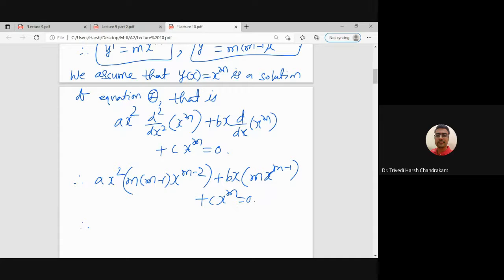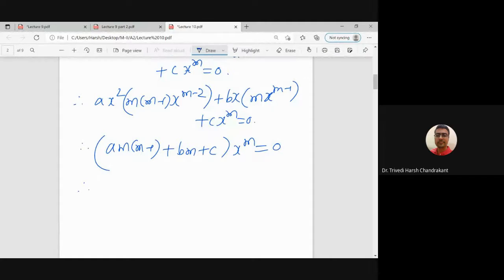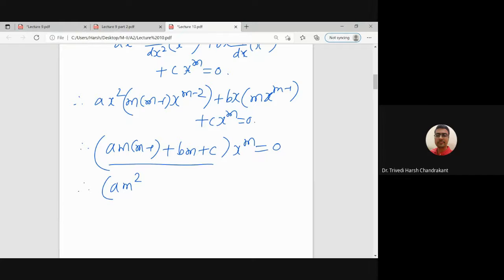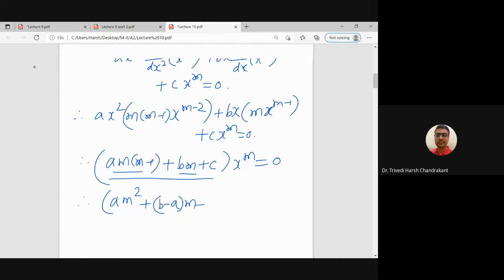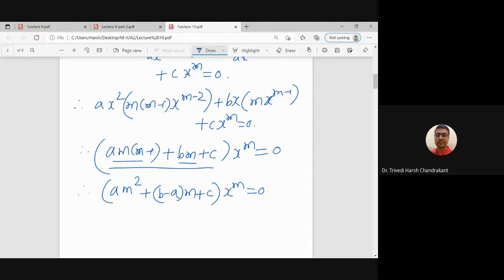So what we'll do is we will take the term am m minus 1 plus bm plus c common, so the remaining common term will be x power m equals 0. And we can further simplify this: this part will become am square plus bm, and minus am will come on this side, so we get b minus a times m plus c, times x power m, equals 0.